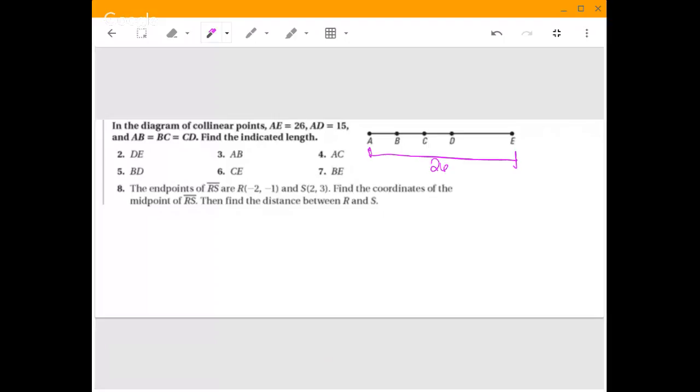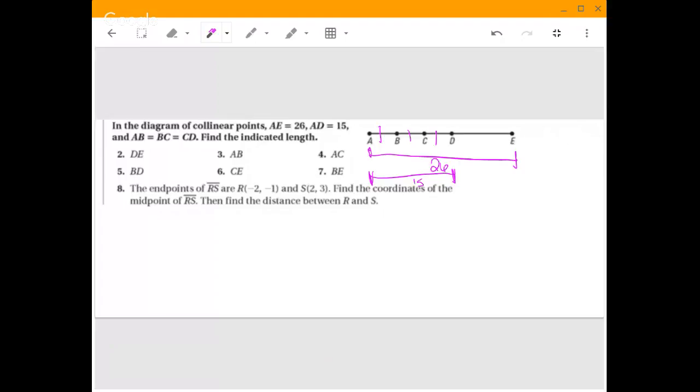And then AD is 15, so from here to here is 15. AB is equal to BC, so we can put this little line, remember? And BC is equal to CD. Yes. So that tells us that those three sections are all the same length.